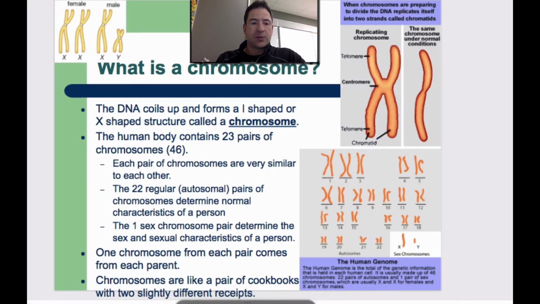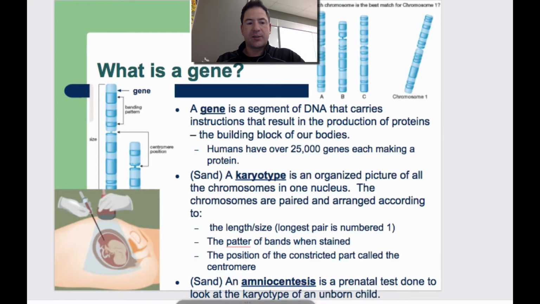Okay, so the next thing we need to talk about is what is a gene. When we talk about genes, we need to talk about what they do. They're basically segments of DNA, and they result in the production of proteins. The production of a protein is going to determine hair color, skin color, like I said, your teeth.